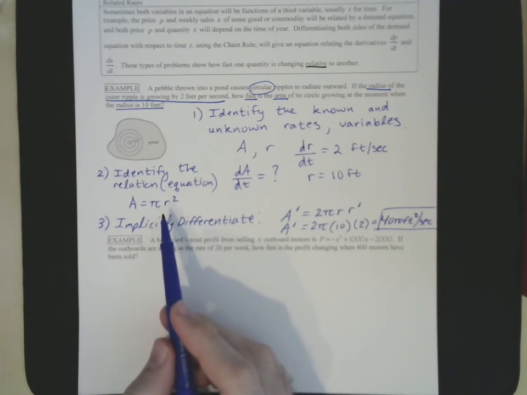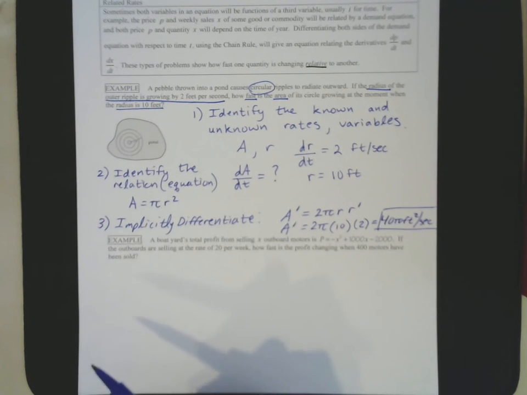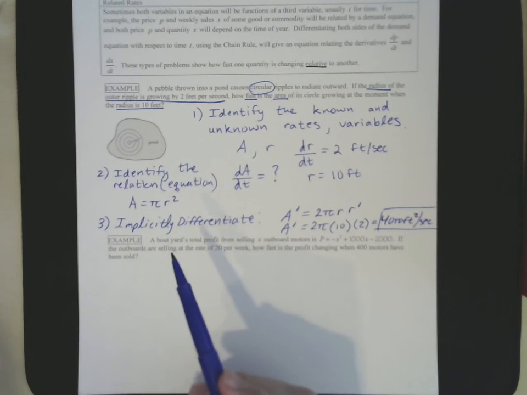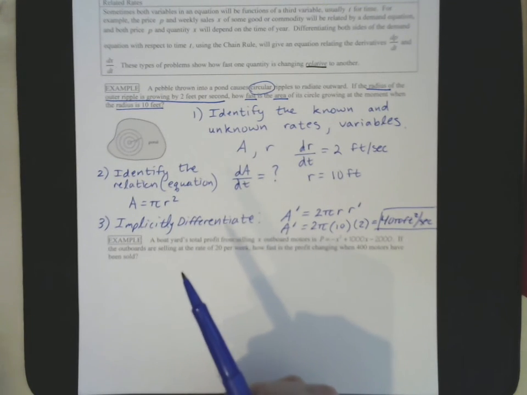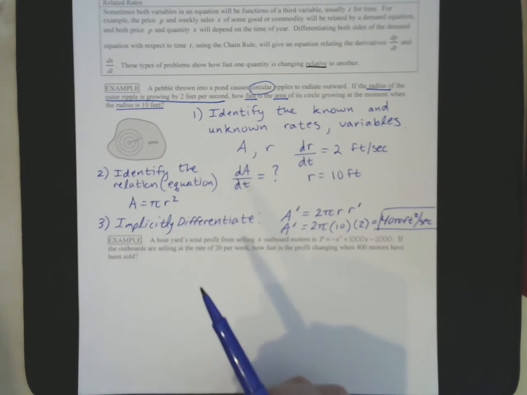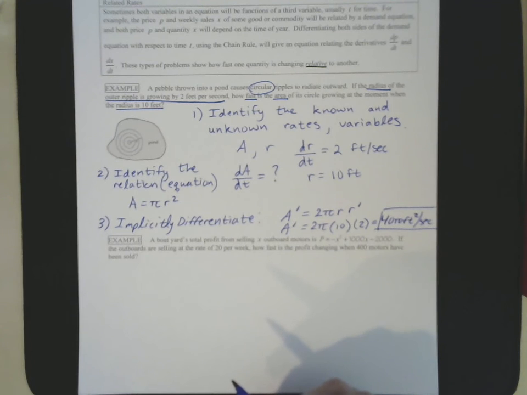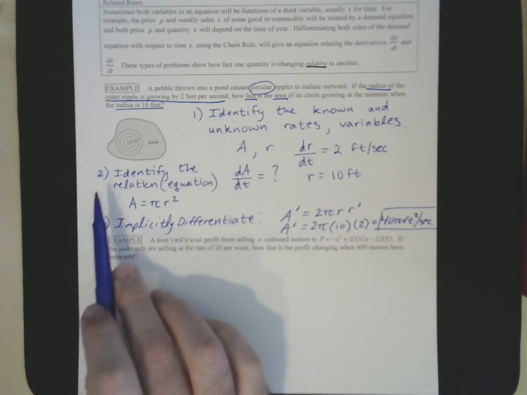Because let's say we chose, I don't know, circles are a bad example for that, but something like surface area of a cylinder, which is based on the radius of the circle base and the height of that cylinder. That would be a bad choice unless you know something about the height or the radius specifically. So you want to try and keep it to one variable.